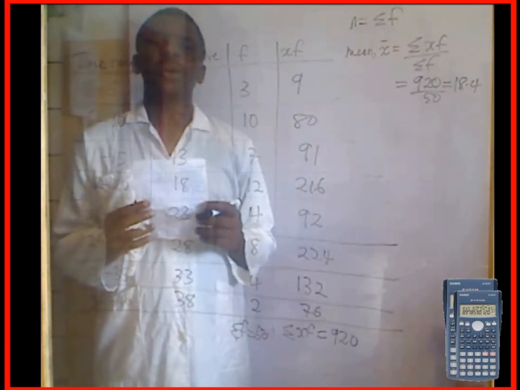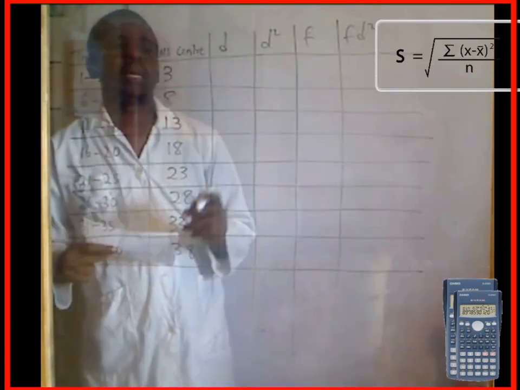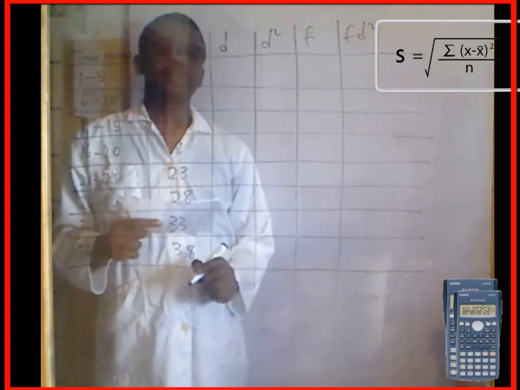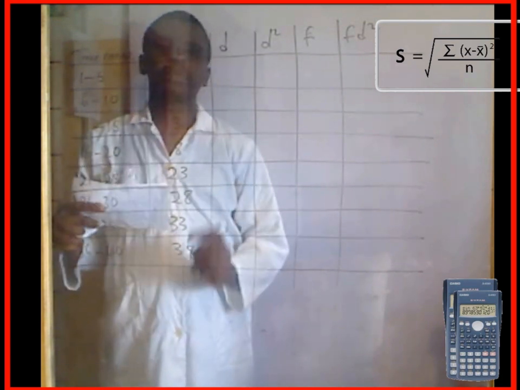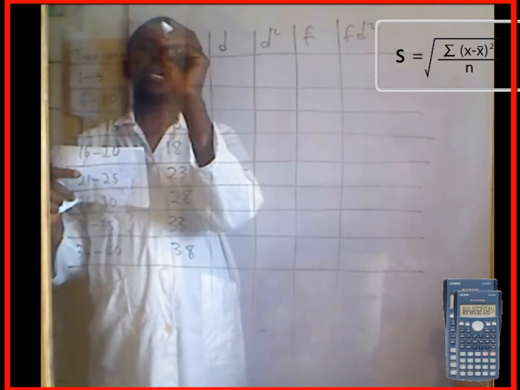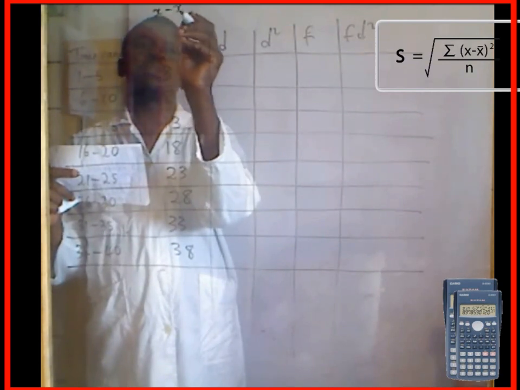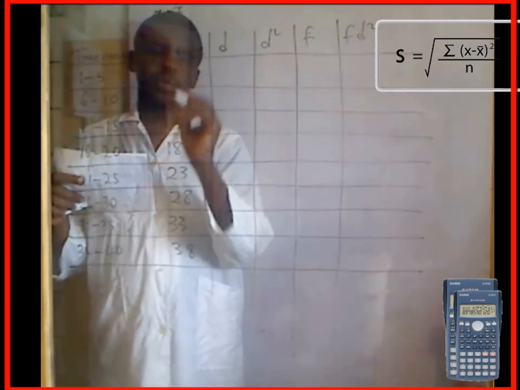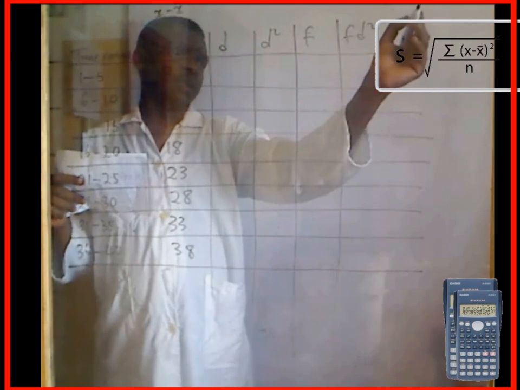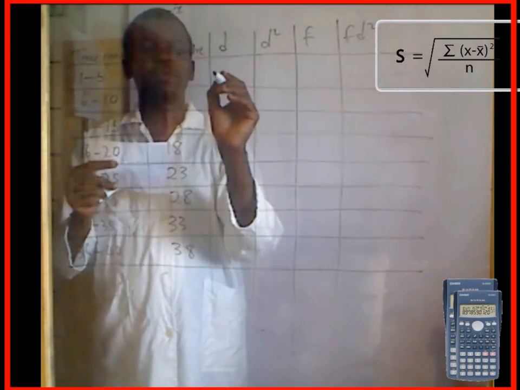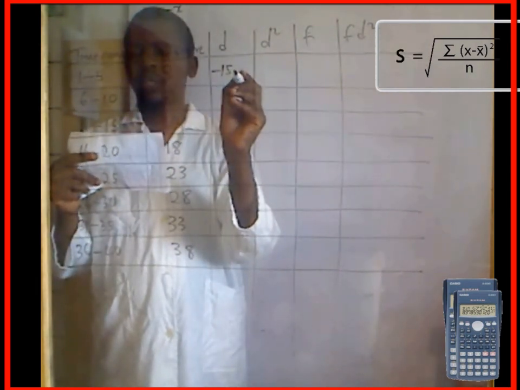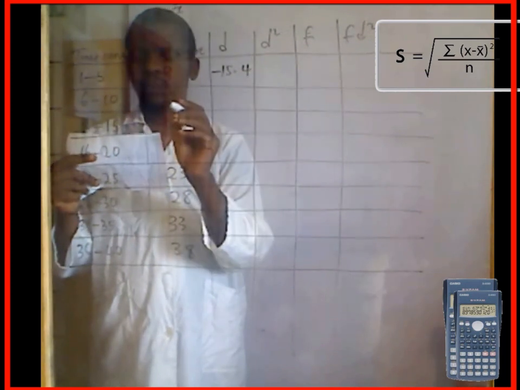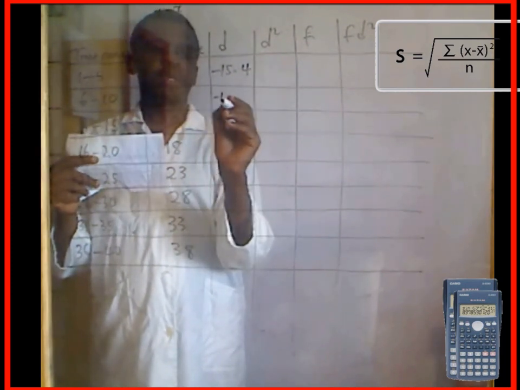I need to come up with a new table. I need to get the deviation from the mean. How do I get the deviation from the mean? I'll have class center minus the mean. The first value here, I'll have 3 minus 18.4. This gives me minus 15.4. So minus 10.4.